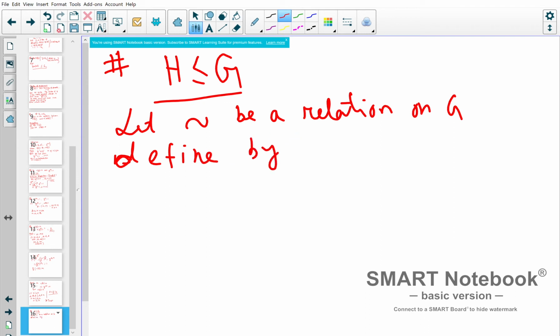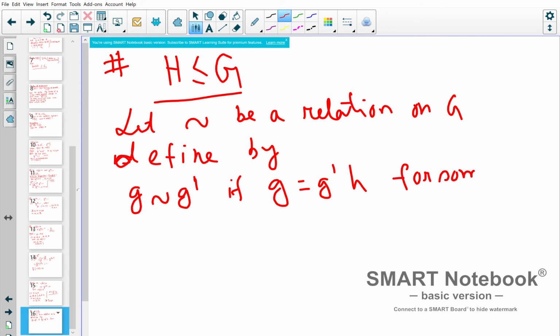I am saying that g is related to g dash if, and here if means if and only if, g equals some g dash h for some h belonging to H. Okay, so this I am defining.